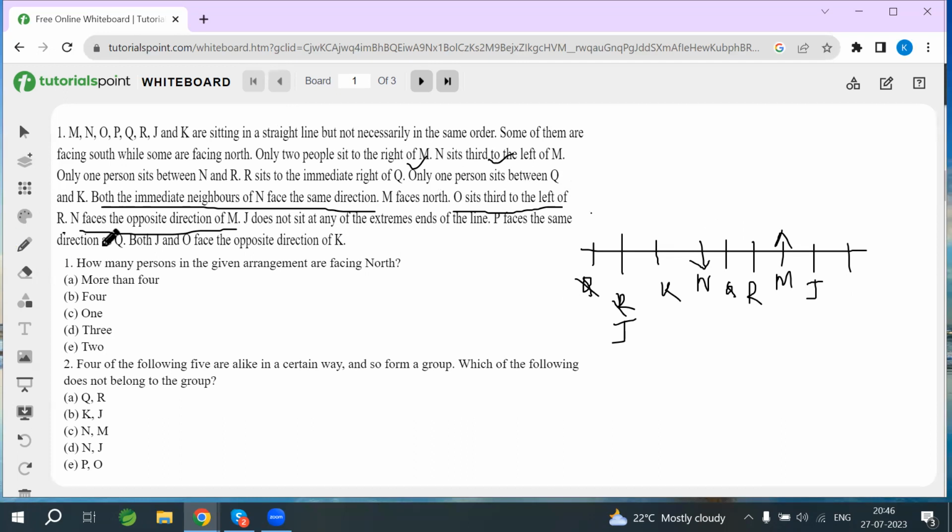O sits third to the left of R. If R is in that direction, then O will be at the third left, here, by two positions, not this one. So P will be here. P faces the same direction as Q.